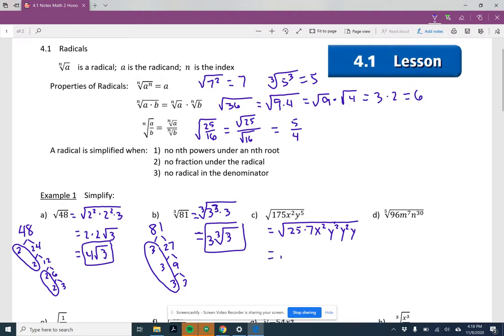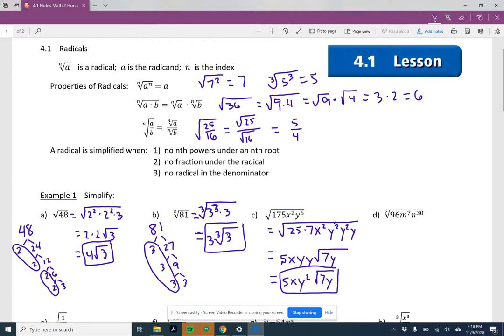And square root of 25 is 5. Square root of x squared is x. Square root of y squared is y. Square root of y squared is y. And then who stays underneath? The 7 and the y. So the answer is 5 x y squared times the square root of 7y.